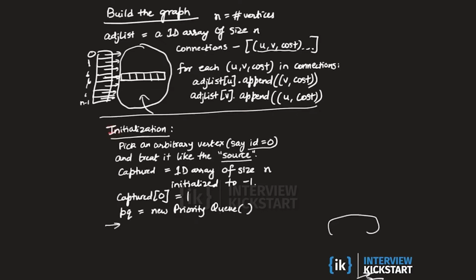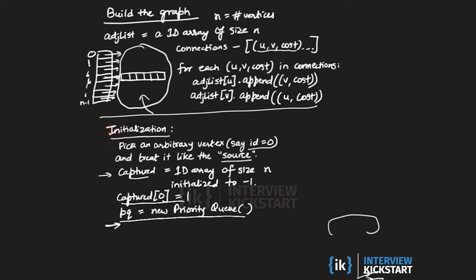So we have a captured array that is also initialized to -1s except for the source vertex. We also have a priority queue which is initialized to an empty heap, an empty min heap, you can say.